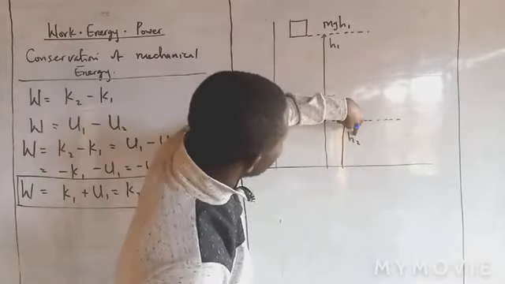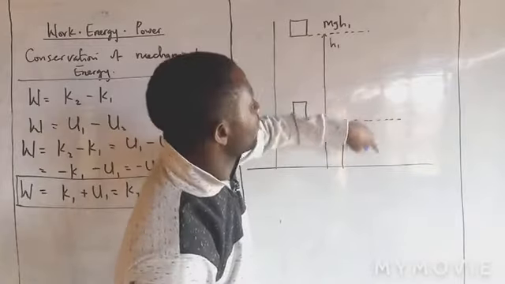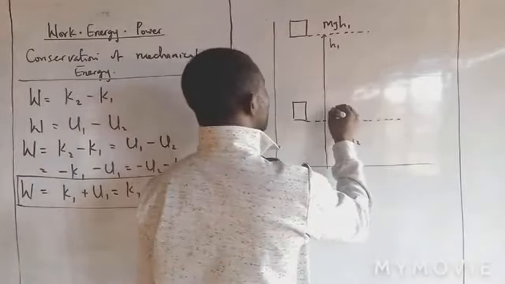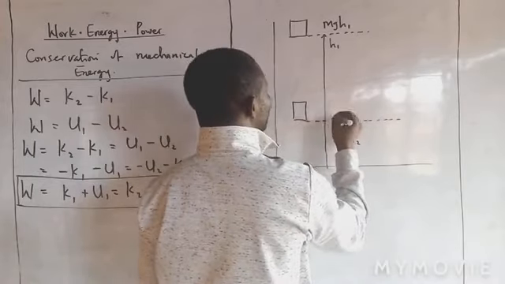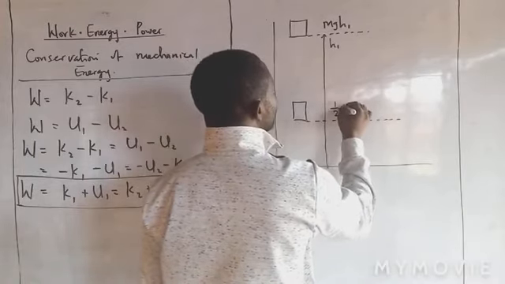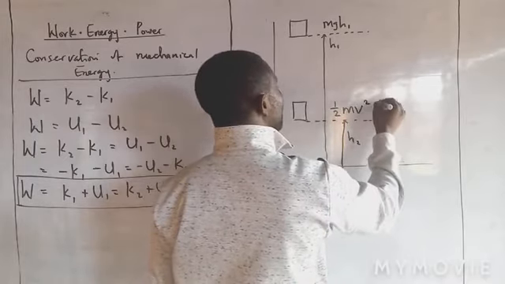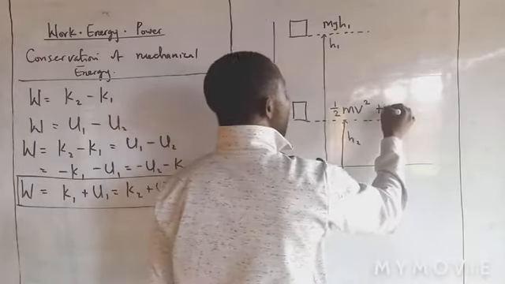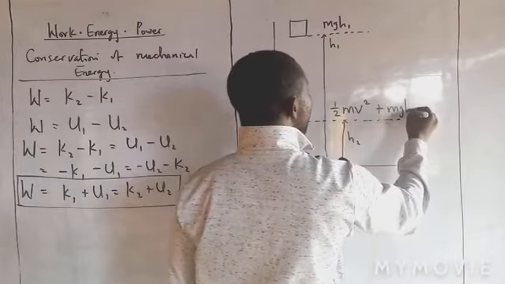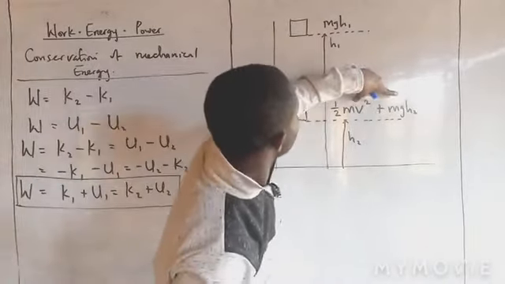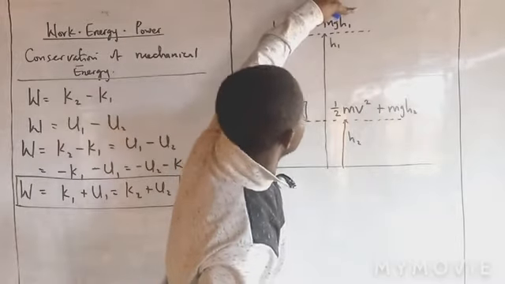Because it has a height of H2, it also has potential energy. So it has a kinetic energy here, which is half mv square, plus mgH2. So the total energy here is this.